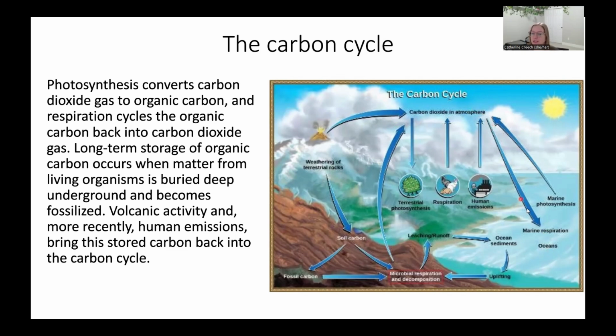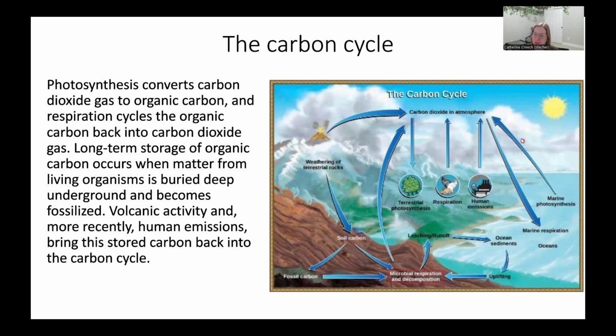So carbon dioxide dissolves into the oceans. This is our main reservoir. We're going to use it for photosynthesis. We're going to use it for cellular respiration. These two arrows, I think, should be swapped because photosynthesis is going to do the carbon fixing and respiration is going to do the carbon releasing as carbon dioxide. There's always a little bit of errors that we can find in images, so that's always fun.